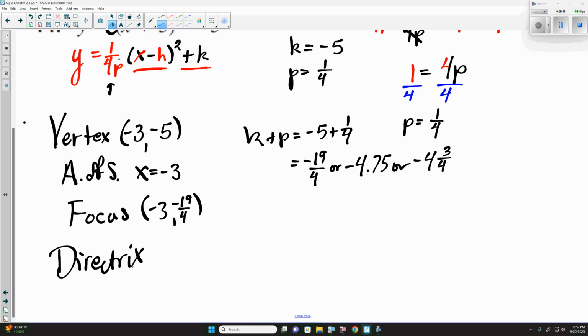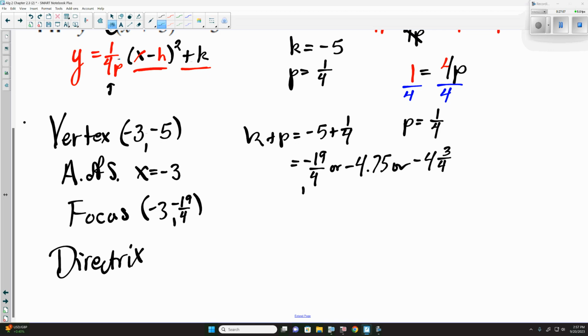That's 4 times negative 1/2. Negative 2? Okay, so I just flipped it to the negative instead of positive. So just calculate it.